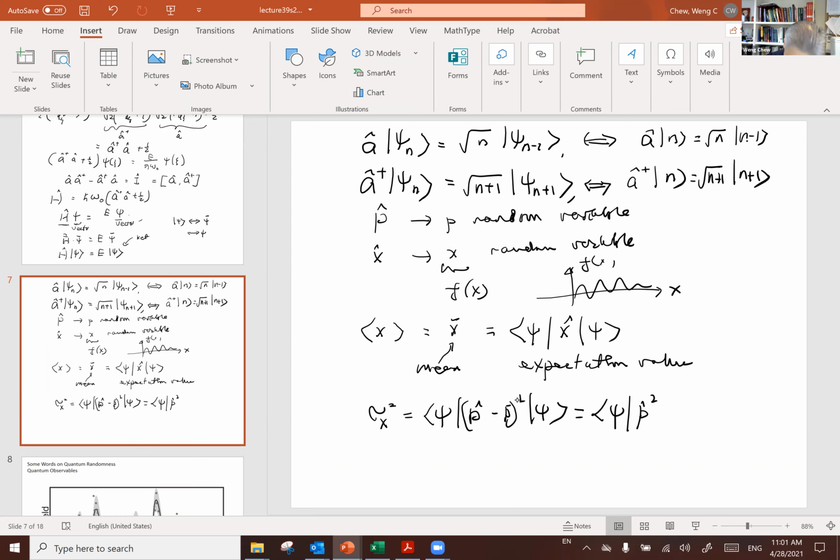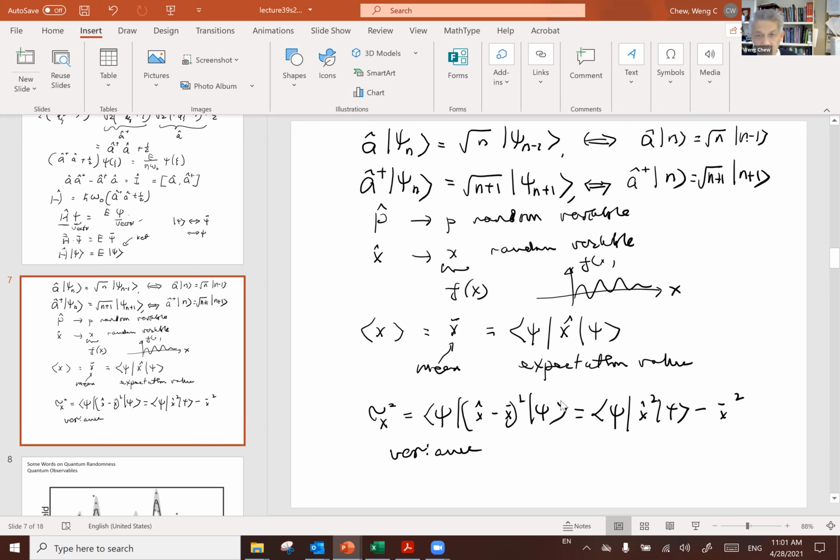You work this out by expanding, and then minus p bar squared. So sorry, this is x. Okay, I'm putting x on the right hand side, so I should put x here. Okay, so this random variable has a mean and a variance.